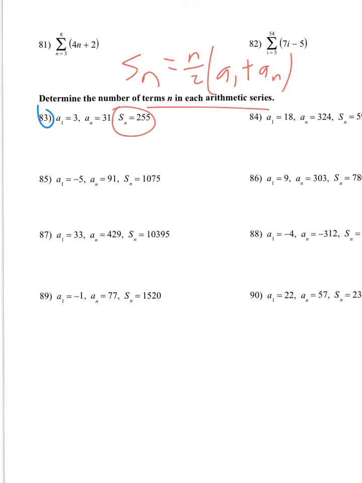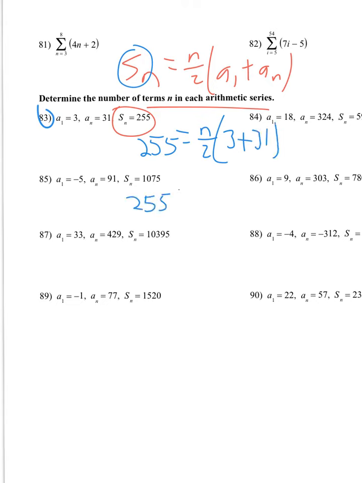So all you're going to do is algebraically set this up. I've got 255, that's my Sn, equals n divided by 2 times a1, which is 3, plus an, which is 31. So I get 255 equals n divided by 2, times 34. Now there's a couple different ways you can do this.